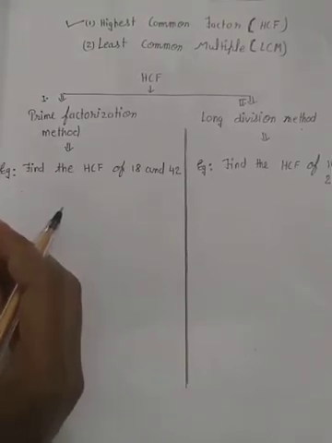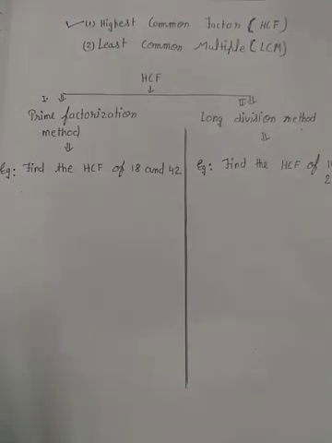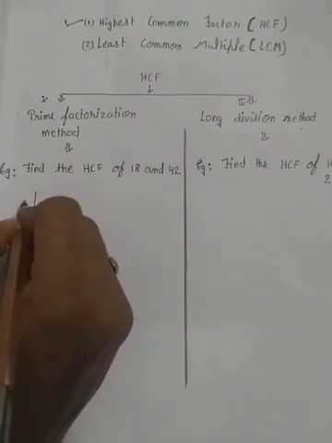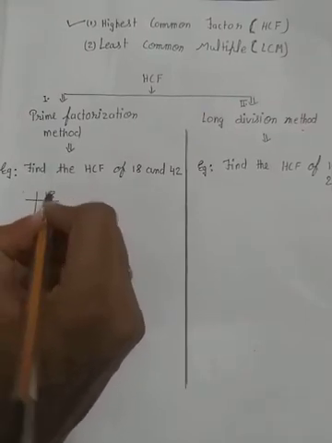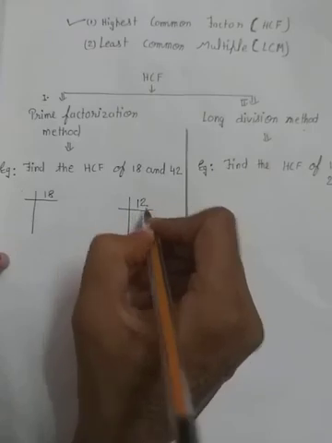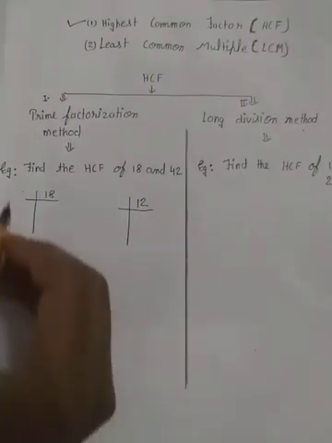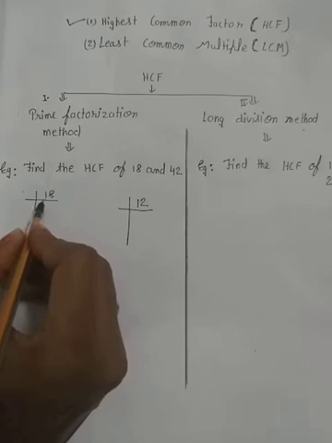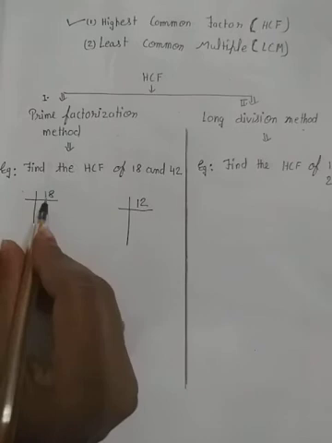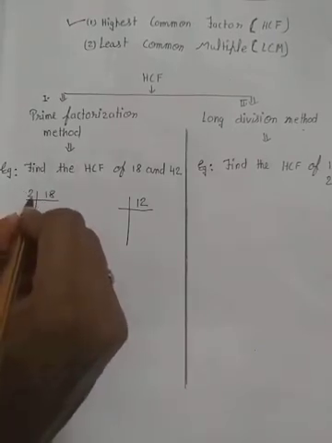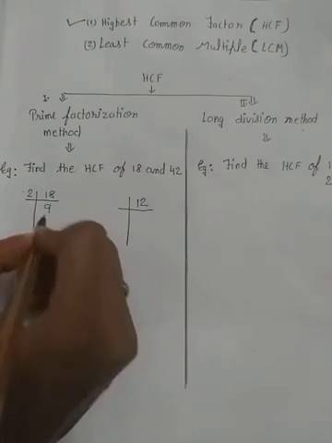First we find the prime factorization of 18, and second the prime factorization of 12. First we divide 18 by the smallest number, 2. Can we divide 18 by 2? Yes. 2 nines are 18.